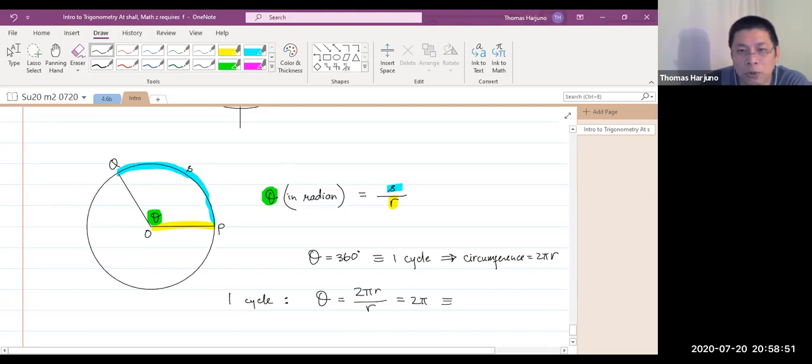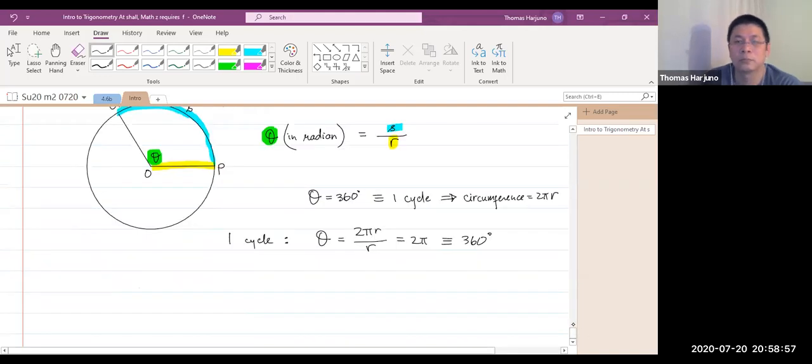That corresponds to 360 degrees. Therefore, if I divide by 2 both sides, pi radian is 180 degrees. Now you see one of them with degree sign, the other one without any sign. So if you have an angle without degree sign, it must be in radian.